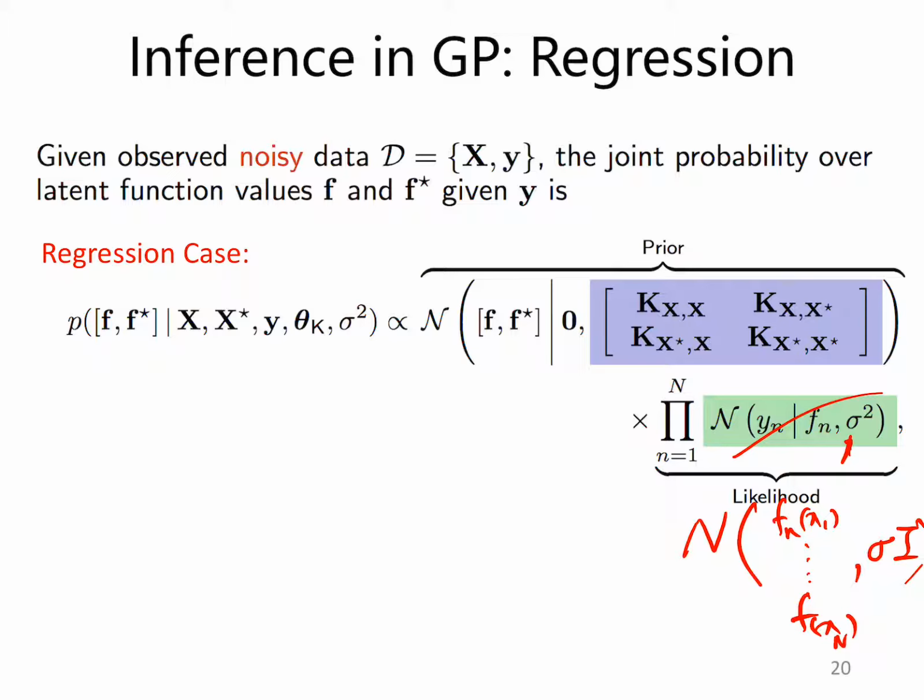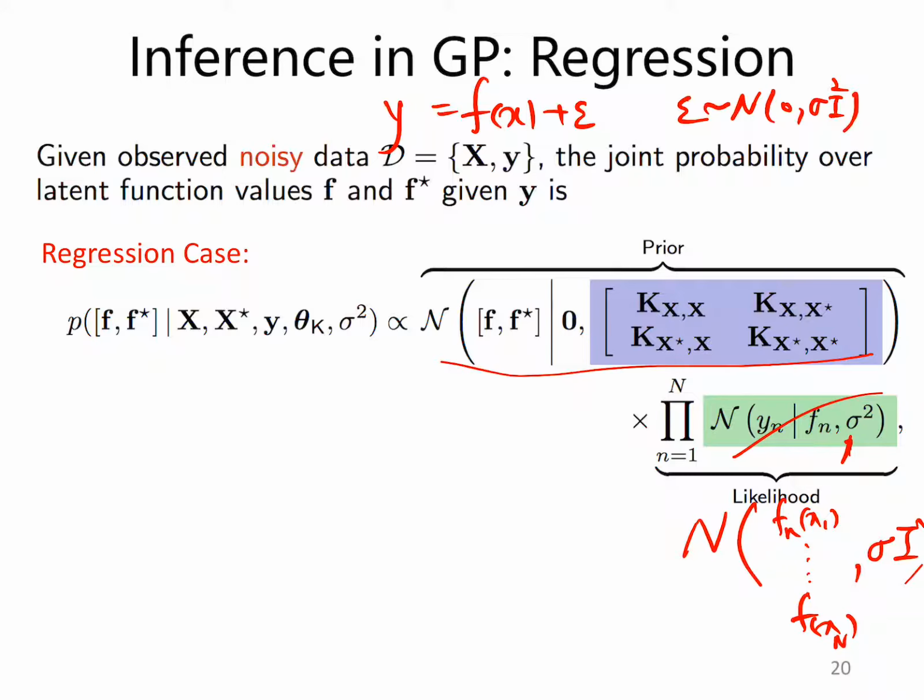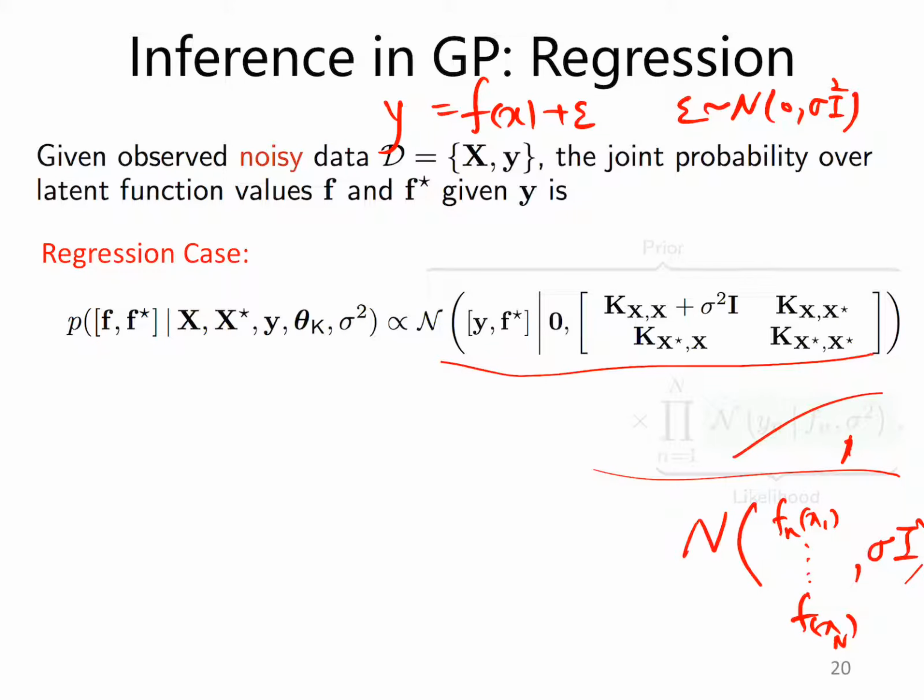Because I'm assuming that my real model is f(x) plus some epsilon. The nice thing about that is that because this is Gaussian, I can absorb them together. And all it shows up is that the covariance of this is going to show up as a kind of regularizer into this element of state.